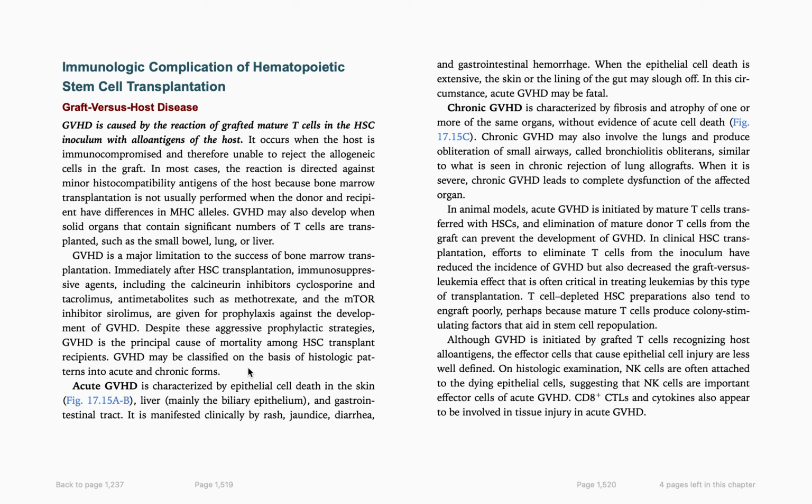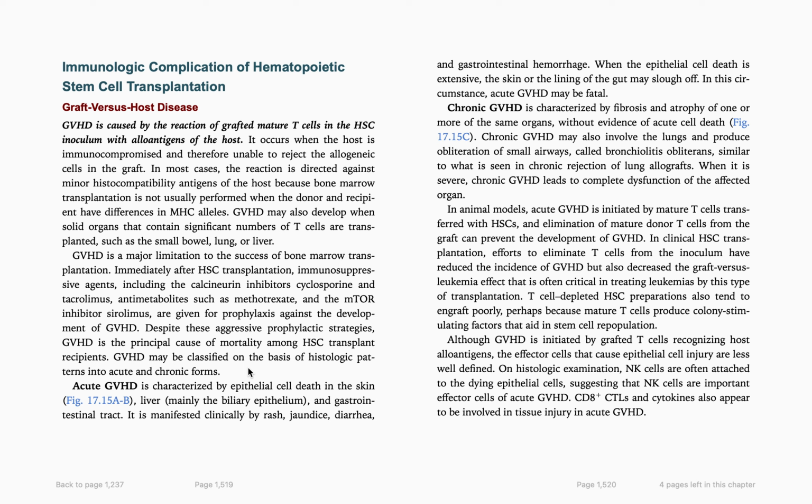Despite this aggressive prophylactic strategy, graft versus host disease is the principal cause of mortality among hematopoietic stem cell transplant recipients. Graft versus host disease may be classified on the basis of histologic pattern into acute and chronic forms.